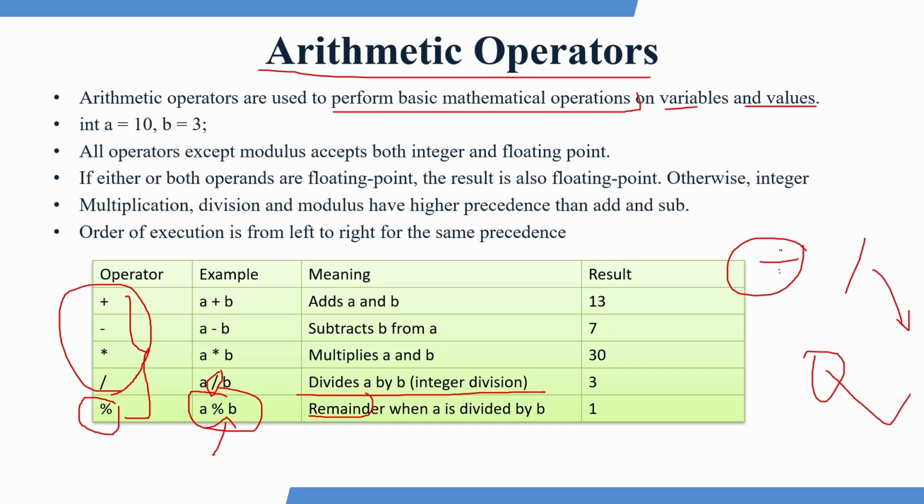A divided by B will divide the number A by B and give the quotient as the result. If you use the modulo or percentage symbol between these, it will return the remainder value as your result.